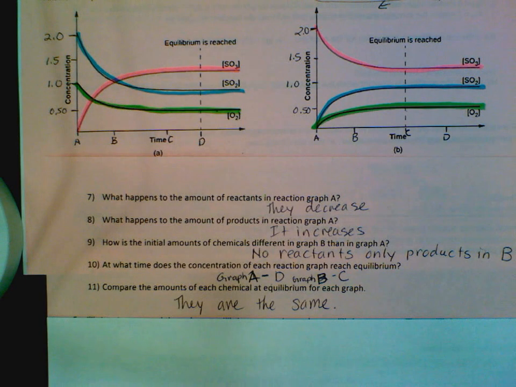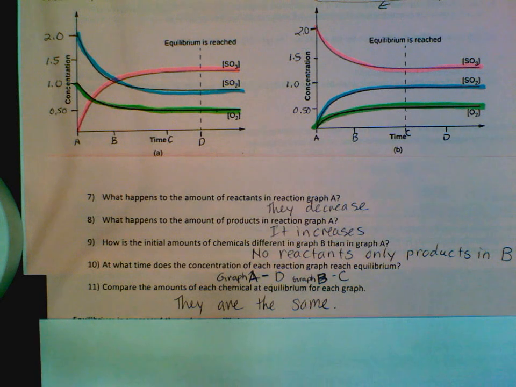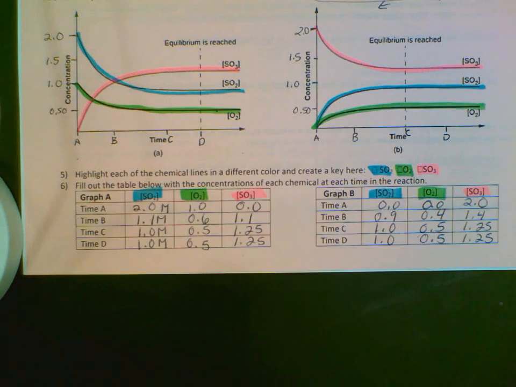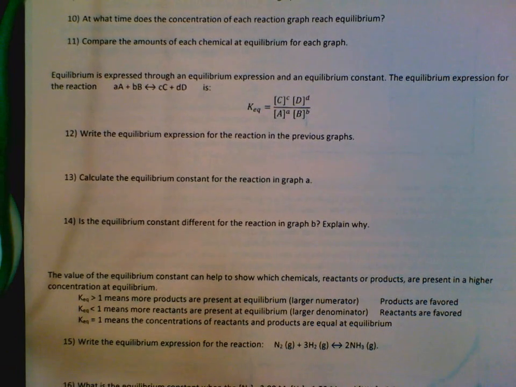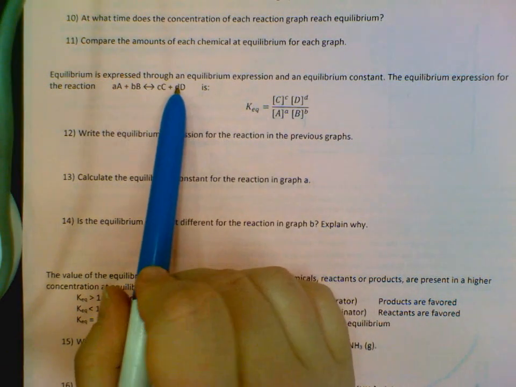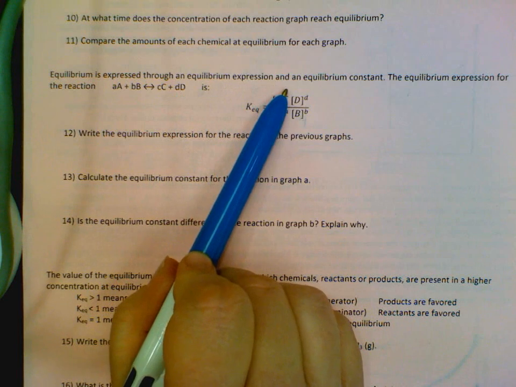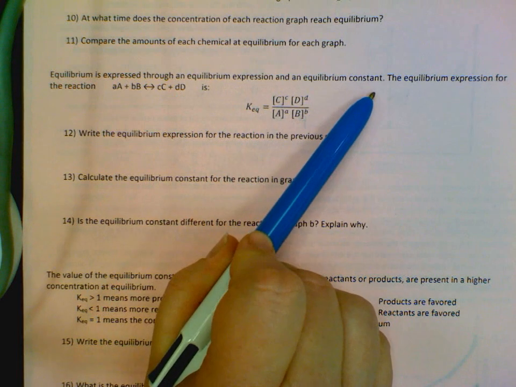So what we're going to set up is something called an equilibrium expression, and that is simply a ratio to express these amounts of chemicals. All right. So equilibrium is expressed through an equilibrium expression and an equilibrium constant.